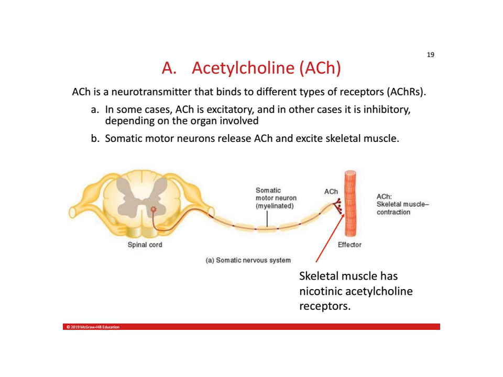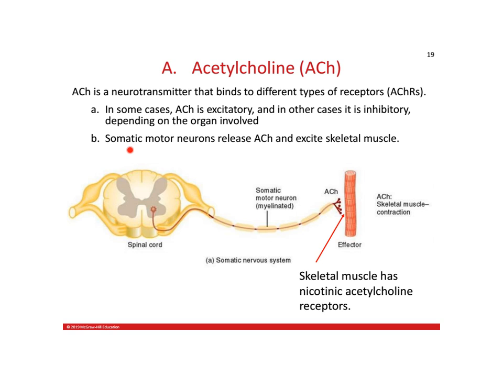So as I mentioned, acetylcholine is really interesting in the sense it's such an ancient molecule. And for that reason, it's sort of ubiquitous, meaning it's everywhere within your body. So it's used as a neurotransmitter, and it binds to two different types of receptors. ACh stands for acetylcholine, R for receptor, so AChRs. In some cases, acetylcholine will have an excitatory effect. In other cases, it'll have an inhibitory effect, and this really depends on the organ involved.